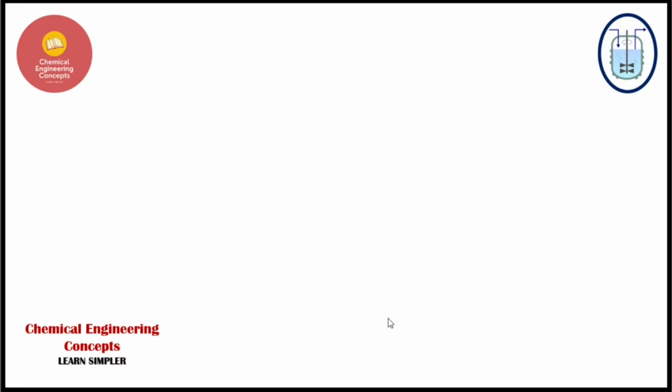Let's see the entropy change for the cold stream. The formula remains the same: temperature final over temperature initial. If we do that, the answer will come up to be 8.726 joules per mole per kelvin. So this is the entropy change in the cold stream.